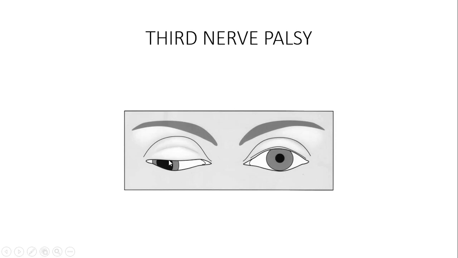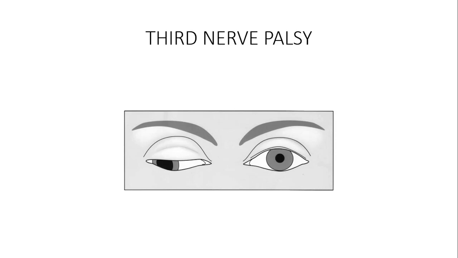The fibers that innervate the constrictor pupillary muscle are affected because they are more superficial. Trauma, intracranial bleed, anything that compresses it, even raised intracranial pressure, can compress the superficially placed parasympathetic pupillomotor fibers.